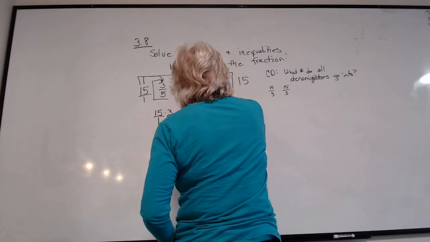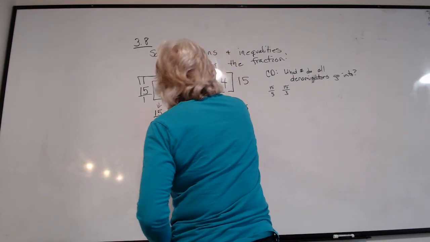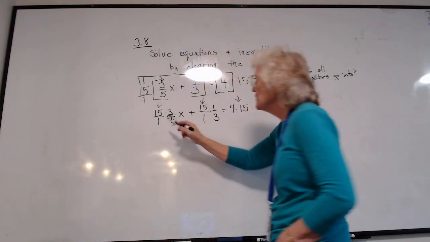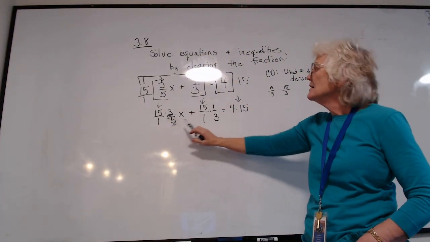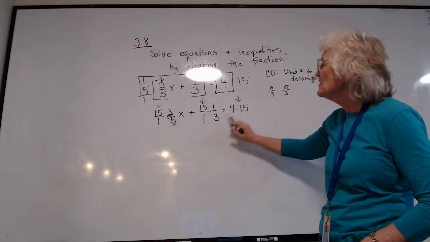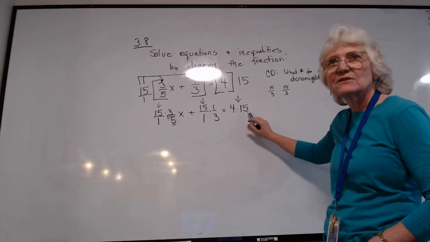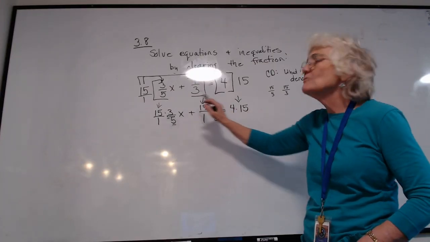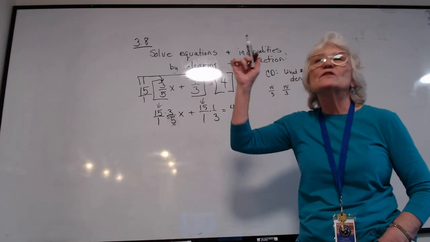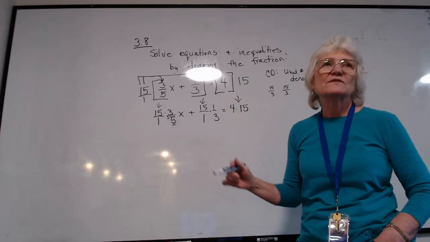Okay, so what I want to check is I'm multiplying every term by 15. I multiplied the first term by 15, the second term by 15, and the third term on the other side by 15. So it's very important when you're doing this, you multiply every term by 15.